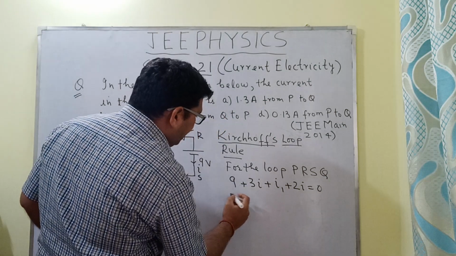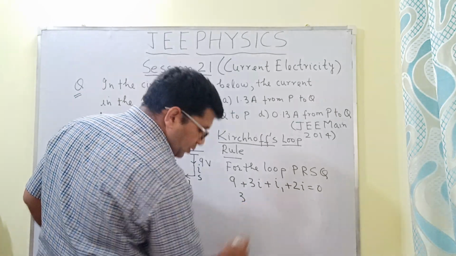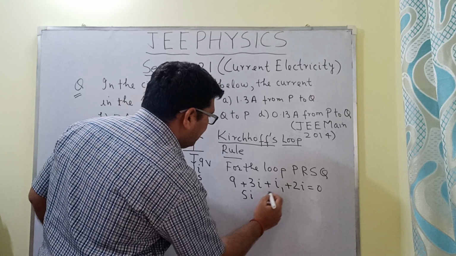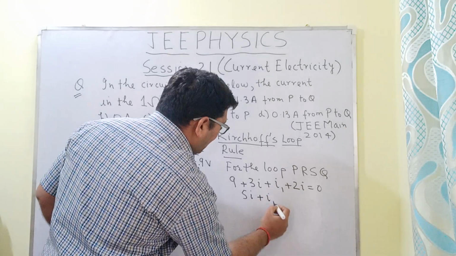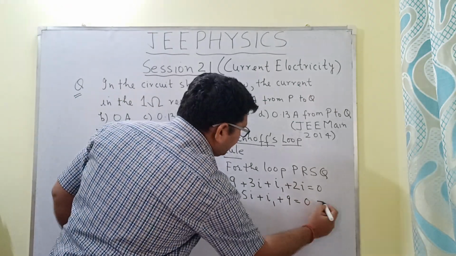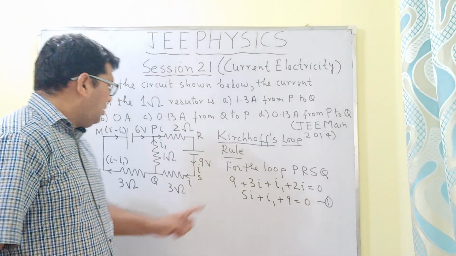So the equation is 3I plus 2I, that is 5I, plus I1 plus 9 is equal to 0. This is the first equation which I have got using Kirchhoff's loop rule.